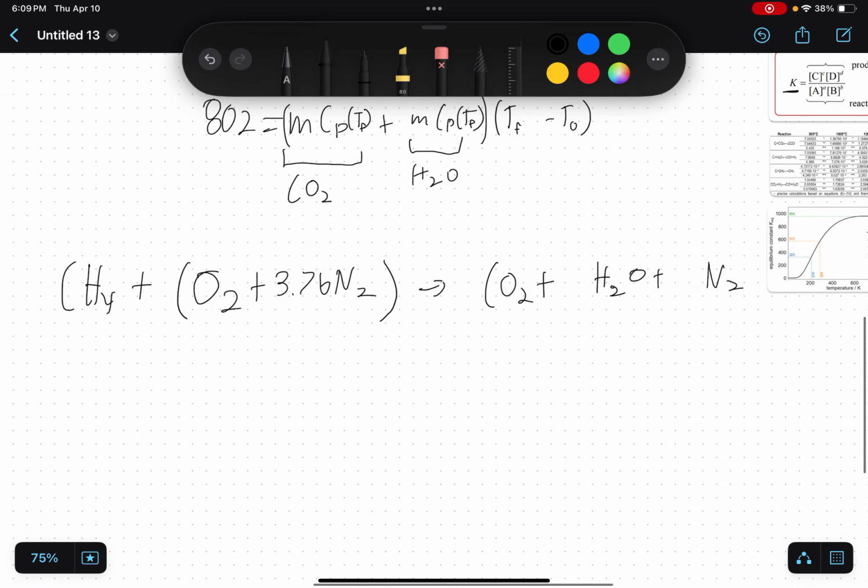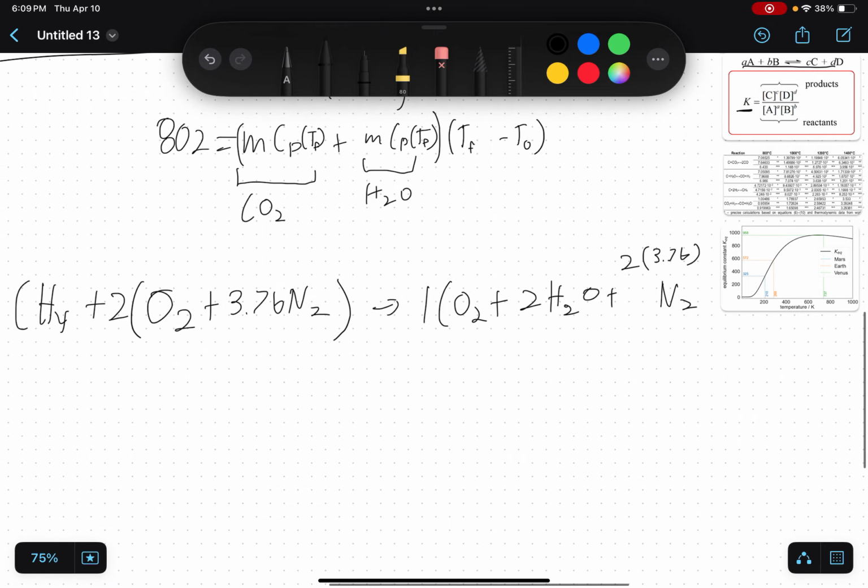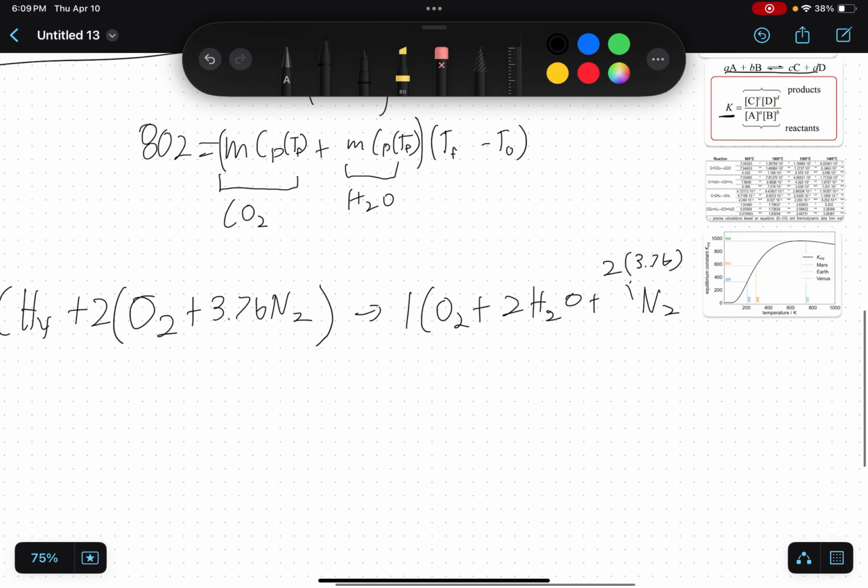So if we balance this, it'll look very similar. We're going to have 1 there, we're going to have 2 there, which means we're going to have 2 times 3.76 over here as that coefficient.